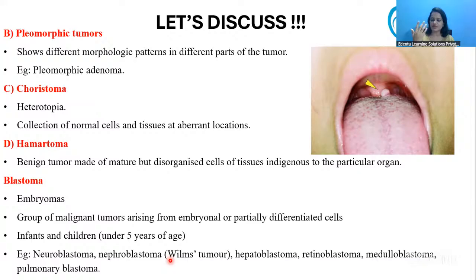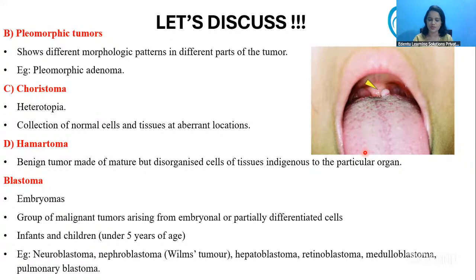Next, we have the choristoma. Choristoma is not actually a benign tumor, but most likely a heterotopia. Heterotopia means normal cells in an abnormal location. For example, thyroid nodules at the tongue are an example of choristoma: a collection of normal cells at an abnormal location.